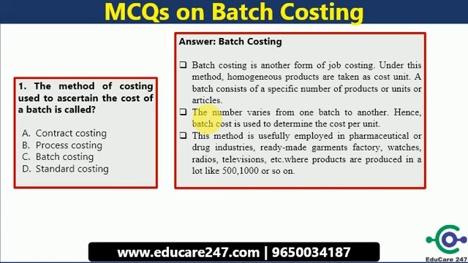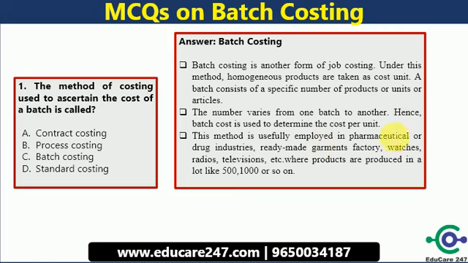So the number varies from one batch to another batch. If one batch has 100 units of goods, then it becomes one batch, and another batch follows. In this sense, a number of batches can come together in the factory and be produced in a similar manner. Hence batch cost is used to determine the cost per unit.